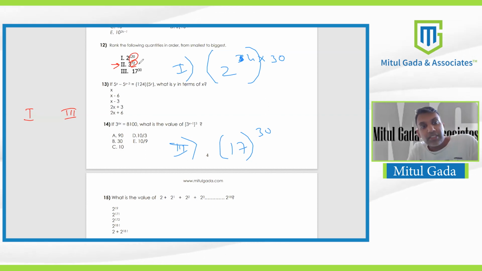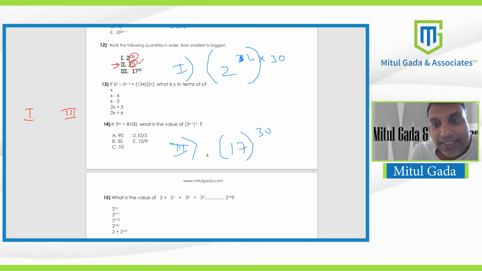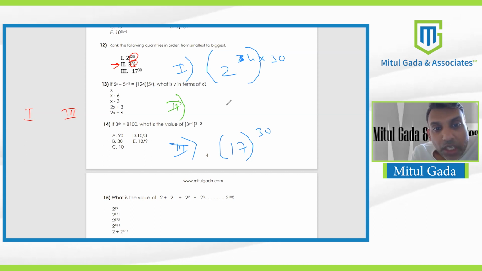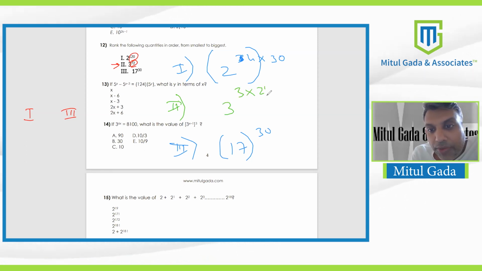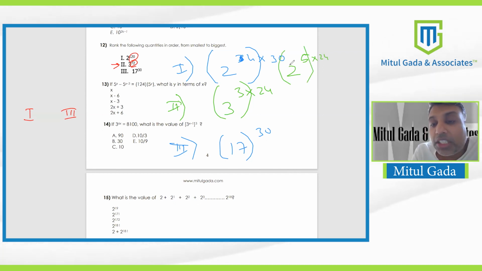Agreed? So the second one, I'll say 3 into 24. So this becomes 27 raised to 24, and the first one, I can write 120 as 5 into 24, and I put a common power here. This becomes 32 raised to 24.